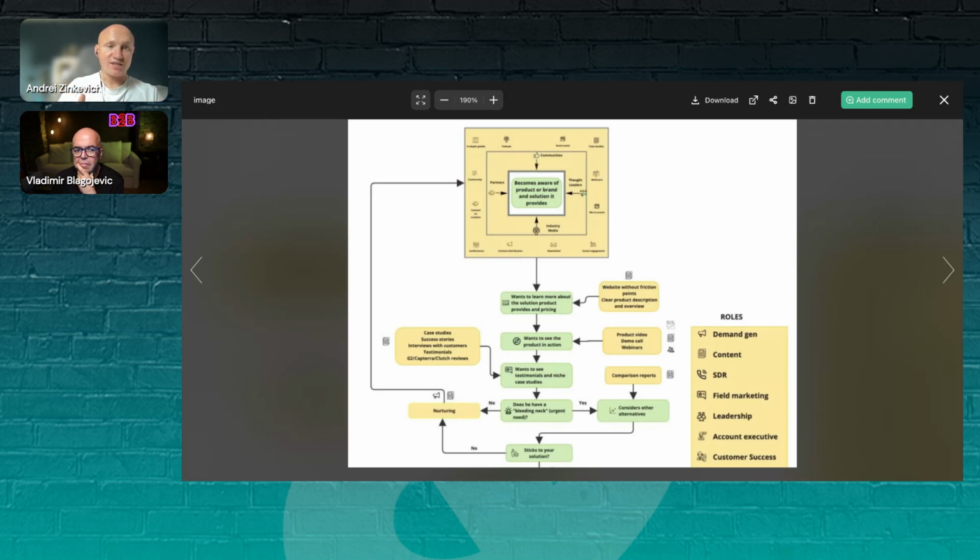When you finish that customer research, you will have more or less a good outline of this linear buyer journey. Obviously, just to emphasize one more time, the buyer journey is not linear, right? There could be multiple steps that your buyers repeat, and we have a very good guide in our blog where Vlad interviewed one of our clients, and they describe the entire buyer journey with all the touch points.